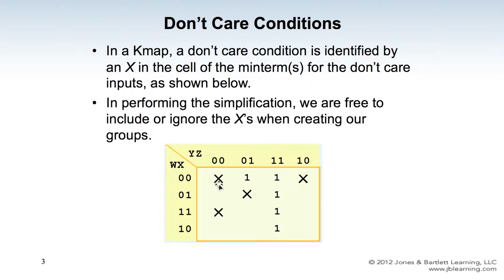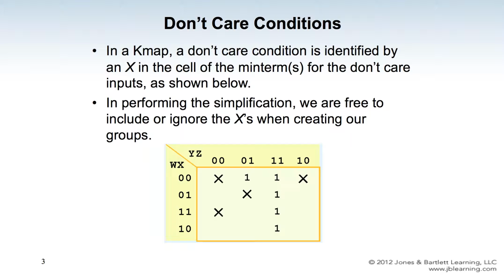Maybe when we consider it as 0 we end up with a simpler circuit, or maybe when we consider it as 1 we end up with a simpler circuit. So we need to try and see which value ends up with a better circuit.